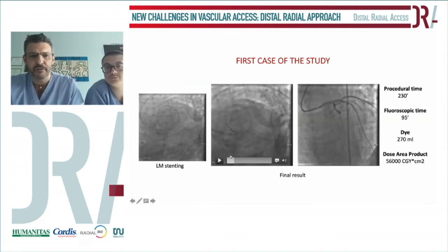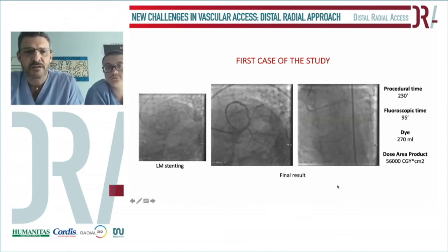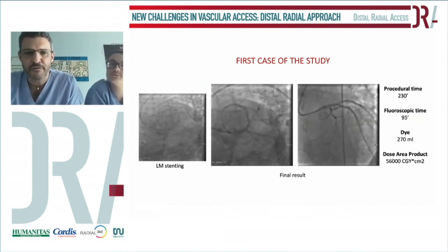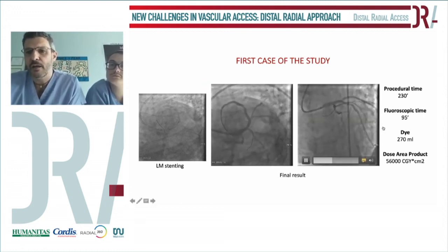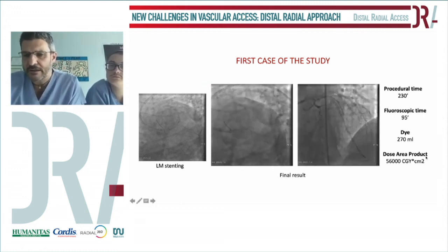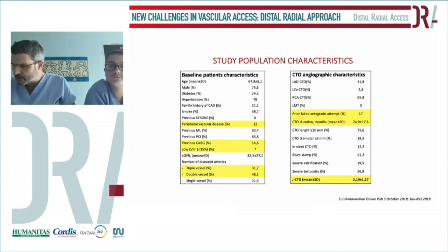This was a procedure that was performed by Pietro Mazzarotto, whom you have seen in the picture in the previous slides. So the procedure time, fluoroscopic time, we collected all this data to evaluate if, using this kind of access during this procedure, we observed some difference. There was no difference in terms of procedural length or in terms of contrast media used.